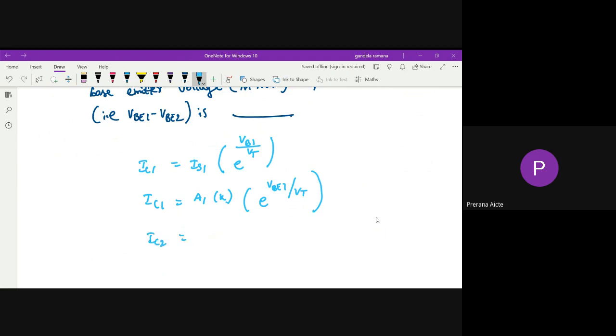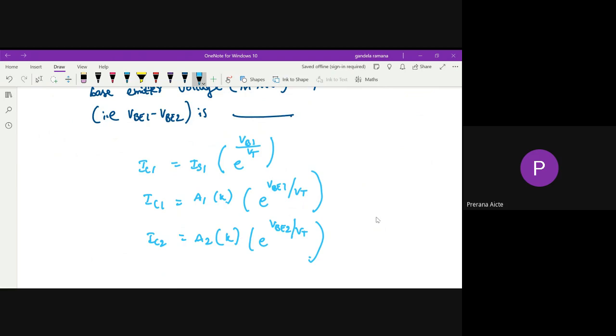IC2 is equal to A2 K e power VBE2 upon VT.